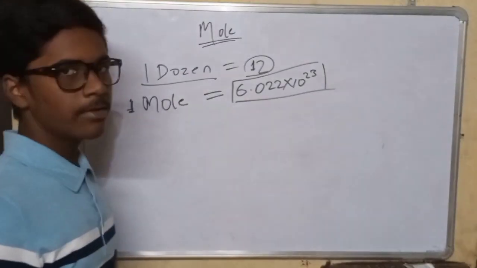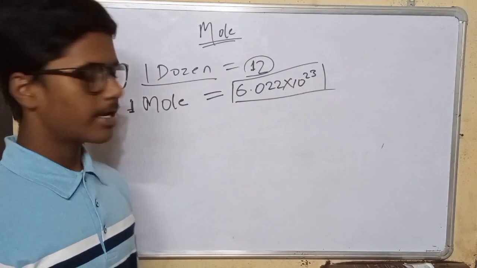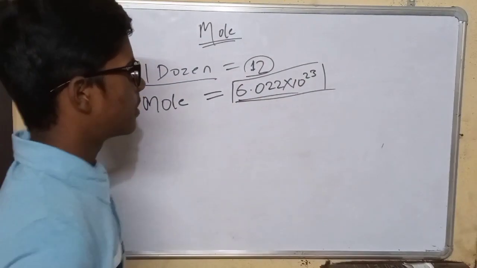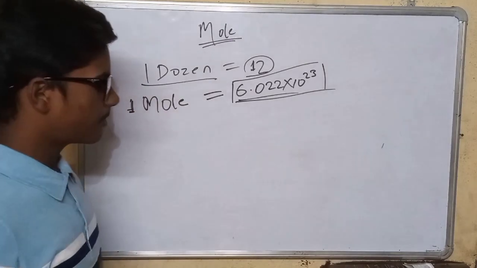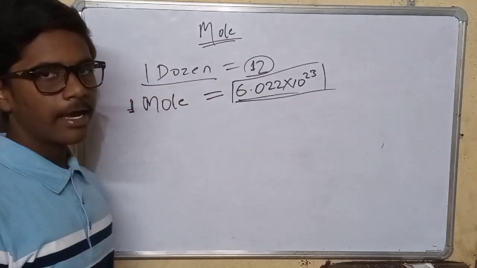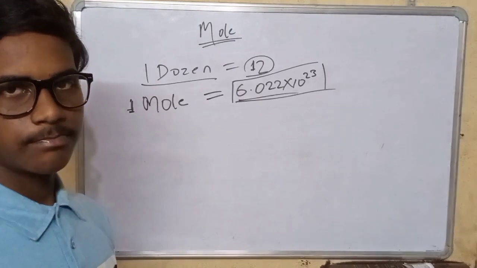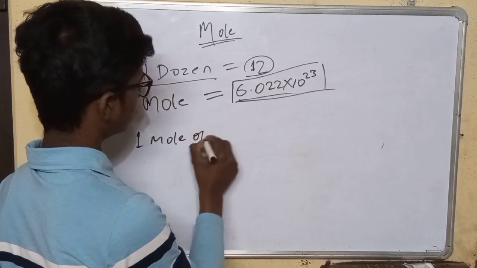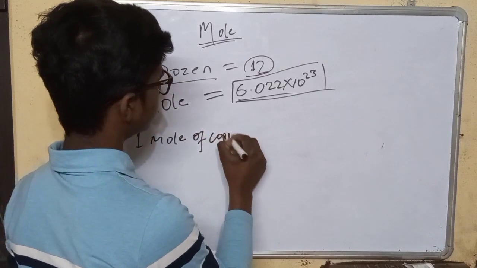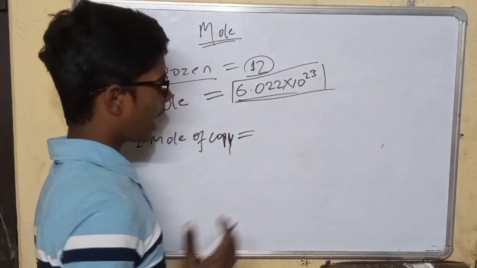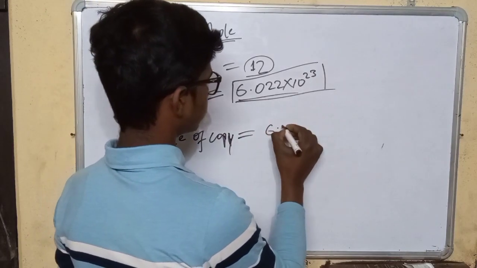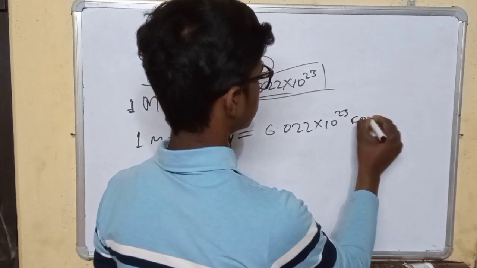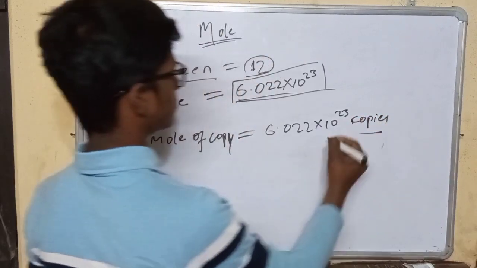Similarly, in 1 mole there is this much number. If you take an example, if I say I have 1 mole of copies, it means we have 6.022 × 10^23 copies.